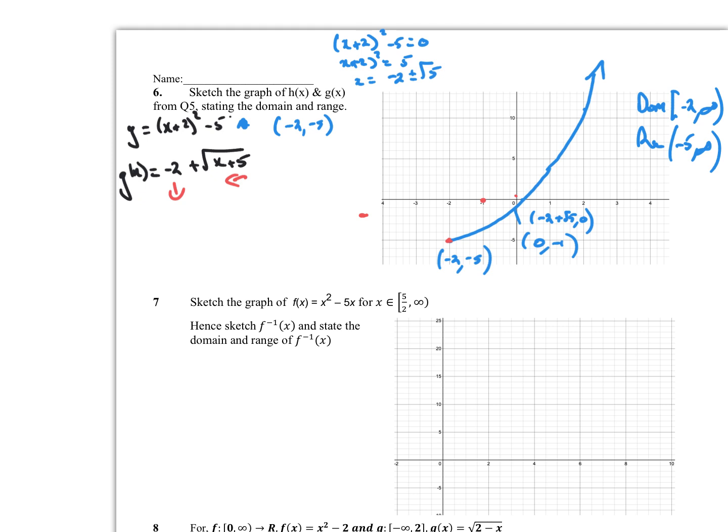Square root of 9 is 3. -2 plus 3 is 1. So it's got to go through there. So you can see how really tight the inverse is. So it's going to look something like that. So that point there is the point -5, -2.